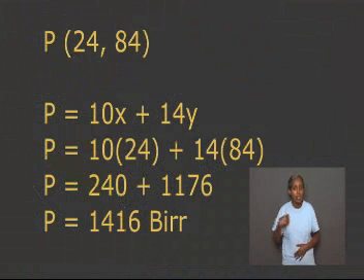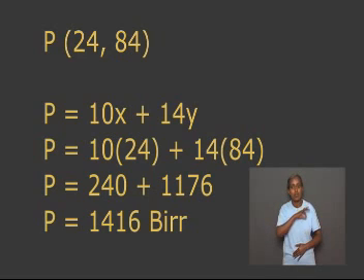Our objective in this problem was to maximize the profit of P. The maximum production possible for radio models A and B are 24 radios on assembly line 1 and 84 radios on line 2 for a total profit of 1,416 Birr.